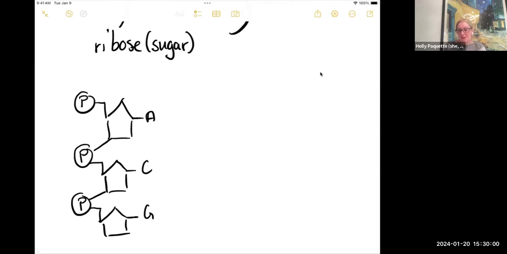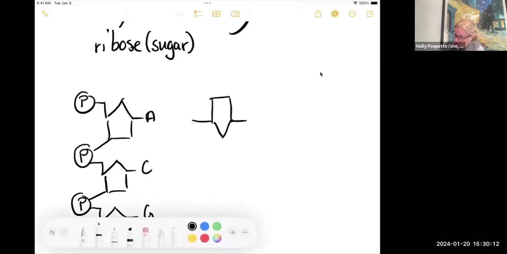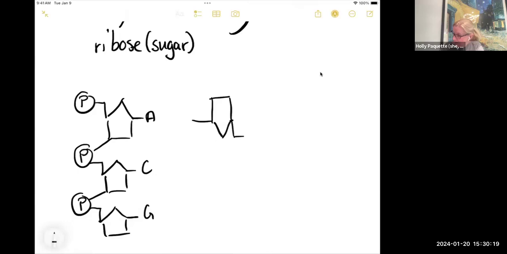But I said it was a double-stranded helix. So what you want to think about is on the other side, there would be, oops, excuse me, I'm going to erase that line. It's always hard to do this other strand because it's kind of upside down, if you will. Basically, the same form. We're going to continue over here having the exact same thing, but hopefully you've noticed it's in the opposite direction.